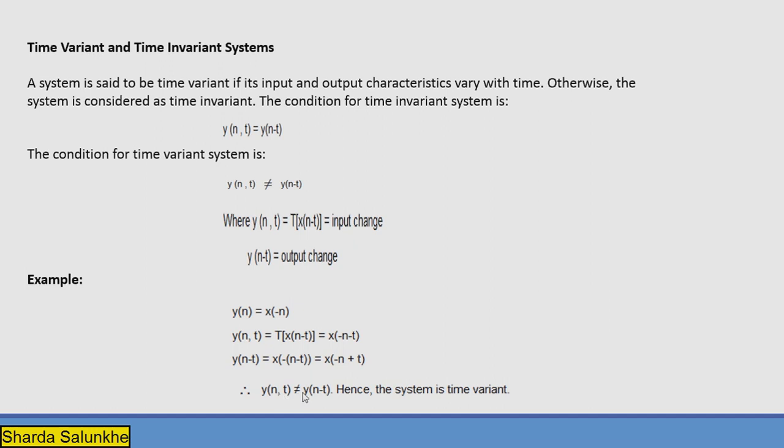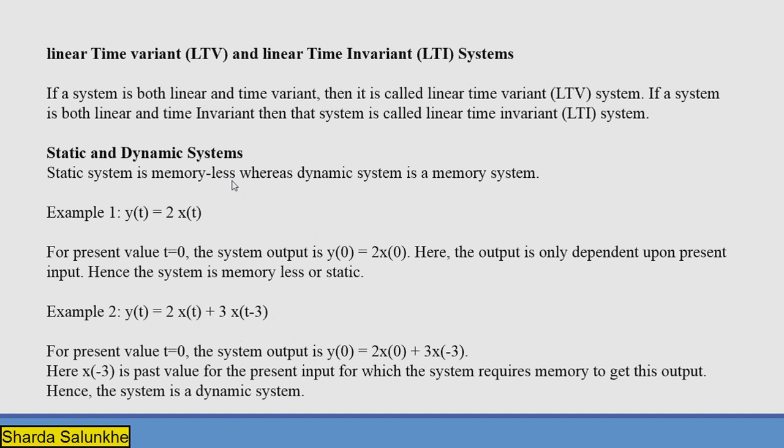So y of n comma t is not equal to y of n minus t. So hence this system is a time variant system. So a variant system is one where, if the input signal changes, the output changes, so you call it a variant. If it does not change, then it is called an invariant system.